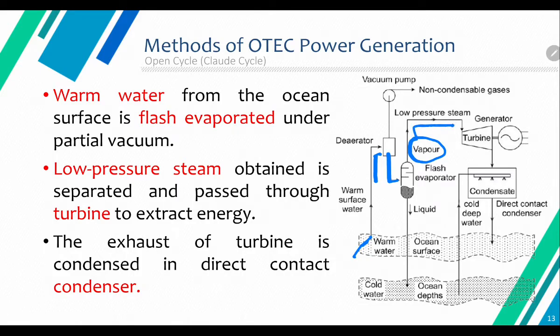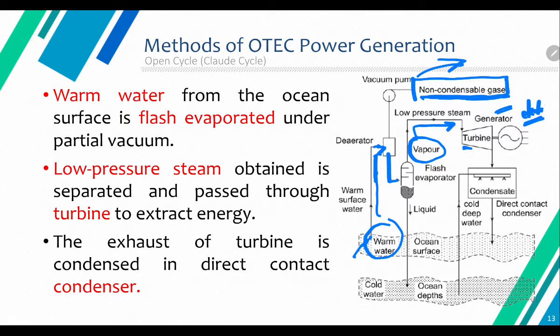This low pressure steam goes to the turbine, which is coupled to the generator, and electricity is produced here. In the deaerator, the non-condensable gases which are not necessary for us exit, and only the usable water goes to the flash evaporator so that it can be vaporized.